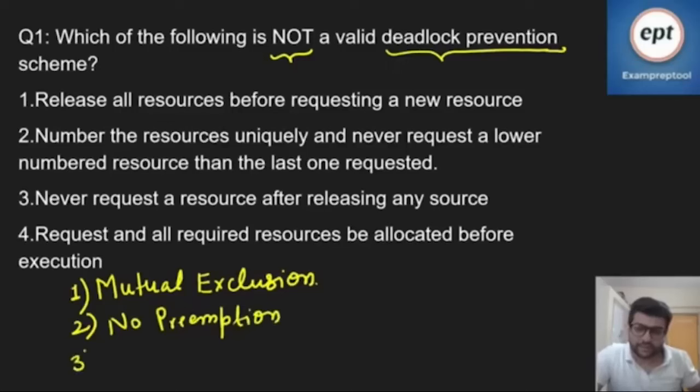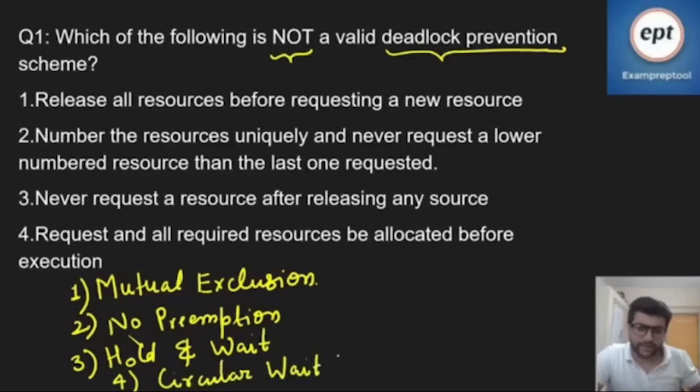The third one is hold and wait. The fourth one is circular wait. And we know that these four are necessary conditions for a deadlock.